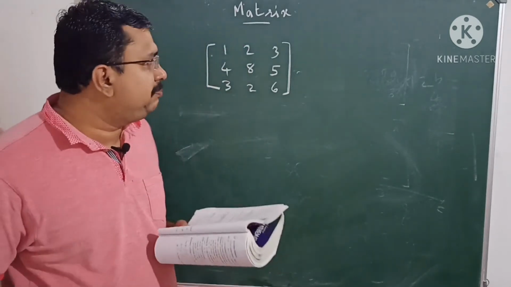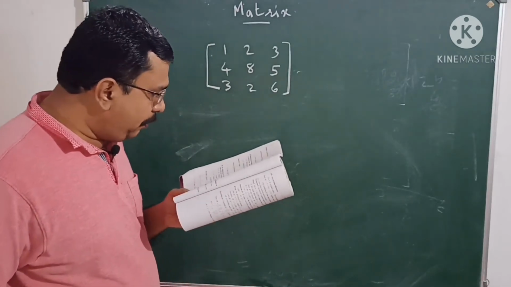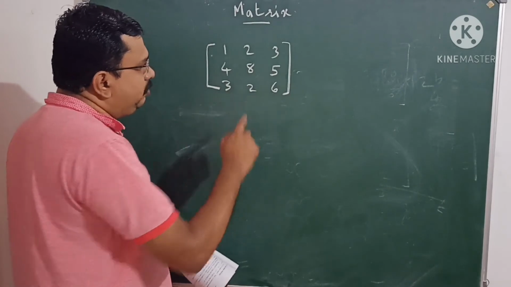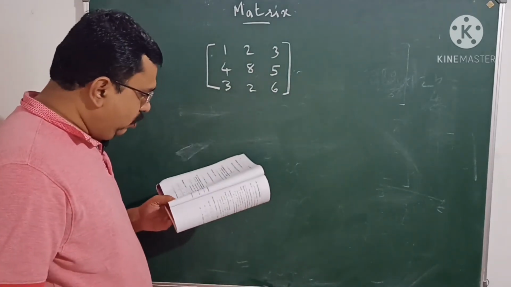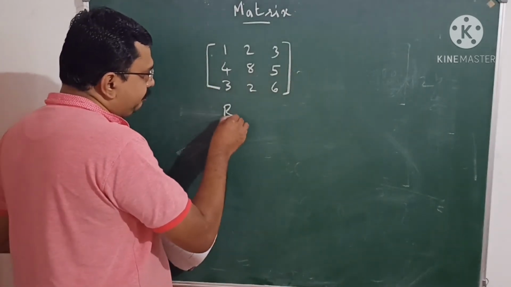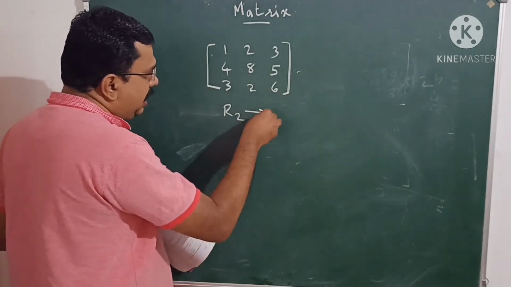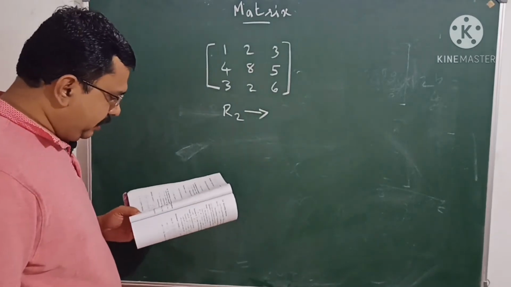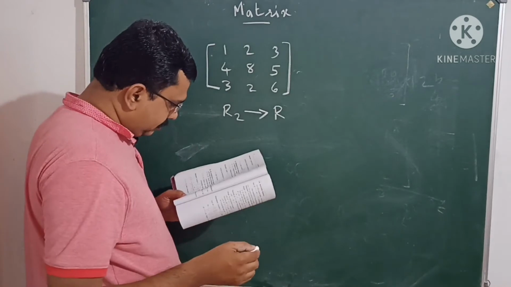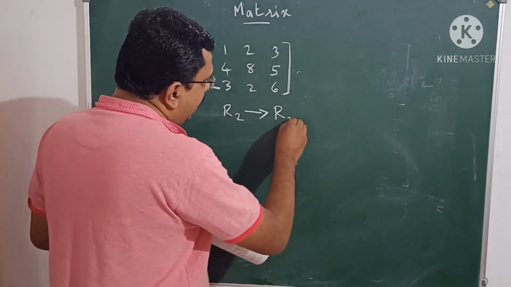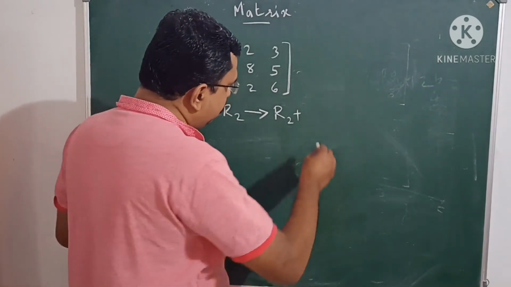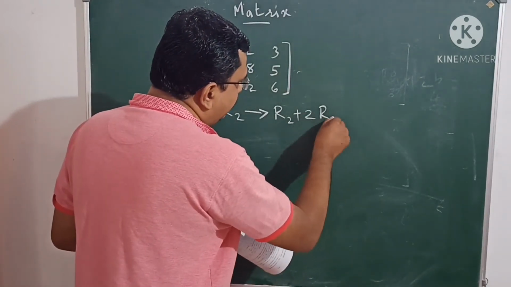I will give a simple example. Look at that. Here 1 2 3, 4 8 5, 3 2 6 is a matrix. Now I am going to convert R2, the second row. R2 is converting into R2 plus 2R3.